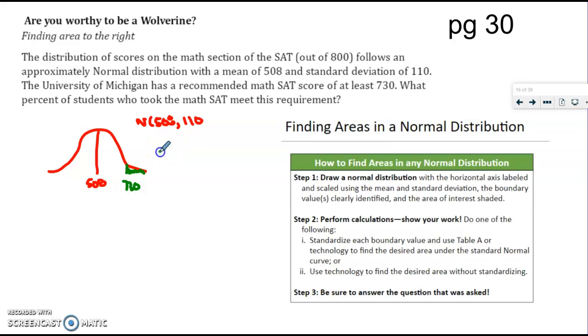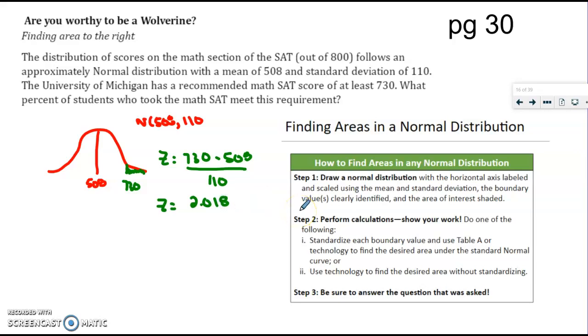So we're going to find our z-score first. So we're going to take 730 minus 508 divided by 110. And when I do that, I got a z-score of 2.018.